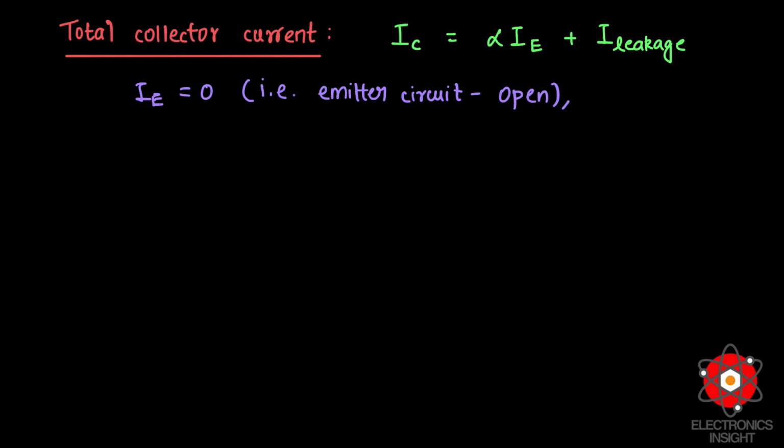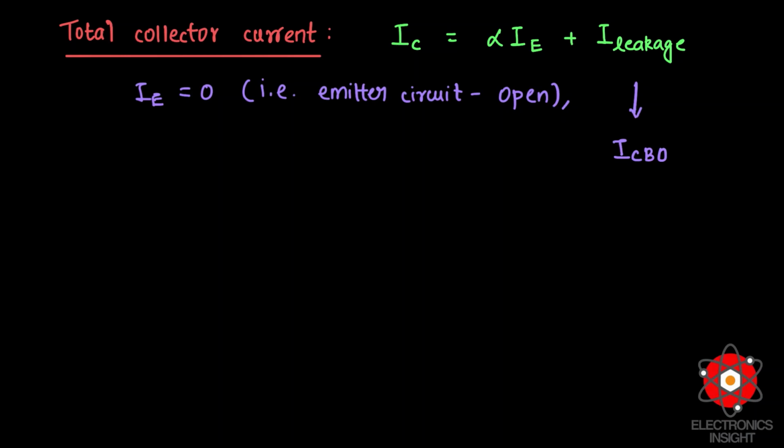This I leakage is also abbreviated in some textbooks as ICBO, because of the collector to base reverse biased junction there is a leakage current. So ICBO is the collector base current with emitter open. This O represents the open emitter circuit.